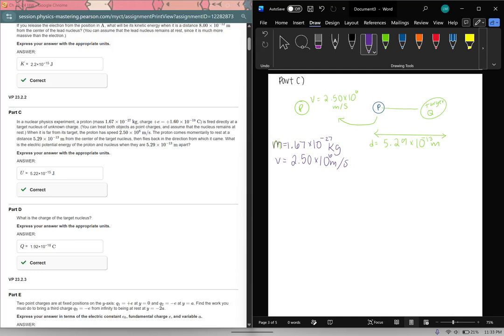So first I'm using conservation of energy. The equation is initial kinetic energy plus initial potential energy equals final kinetic energy plus final potential energy. So let me write that down: K initial plus U initial equals K final plus U final.